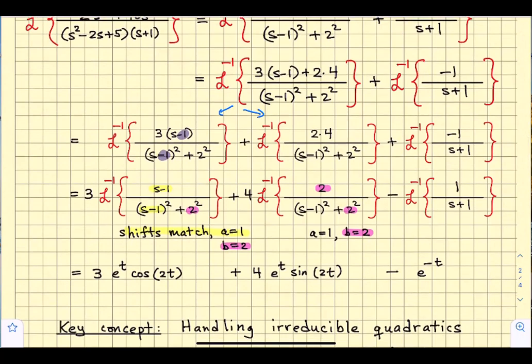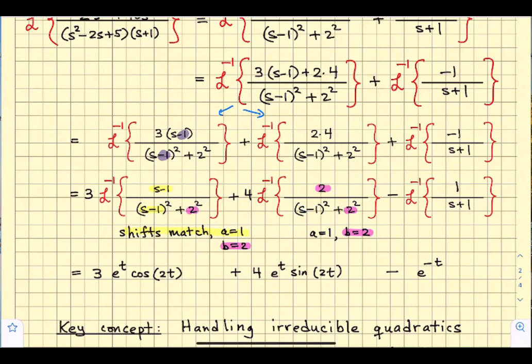Now let's analyze this. Maybe we'll start with the easiest one here. We can pull the minus out by linearity. This is something that's familiar to us. It's in our table. If we just read our table backwards, this inverse Laplace transforms back to e to the minus t. We still have the minus. If we look at this one, well now, if we remember our shifts have to match, this is a shift in the s domain, and it's a shift of 1, so my shift is 1.